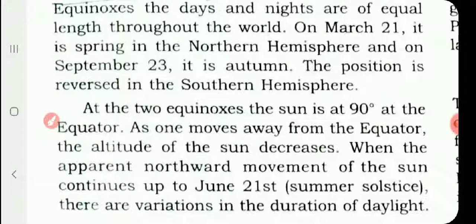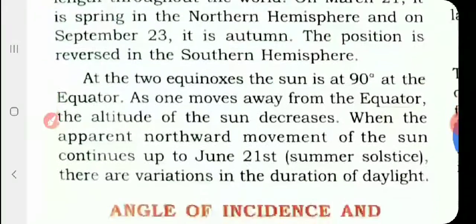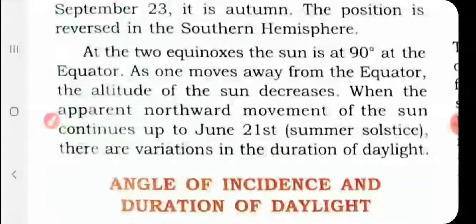Now you see, to make it simpler, let us approach the solstice, 21st June. The northern hemisphere will be experiencing the longest day and the shortest night, because the sun is over the Tropic of Cancer.